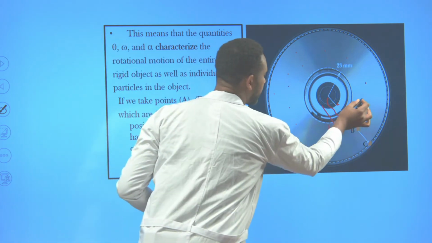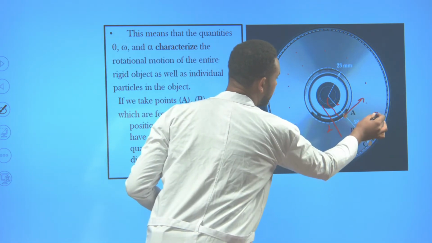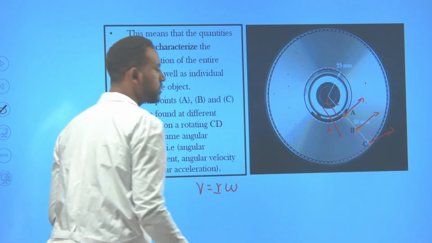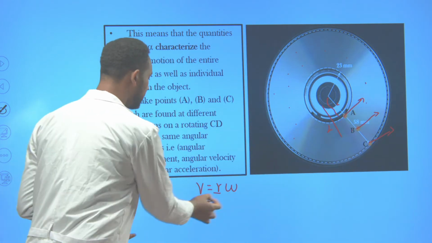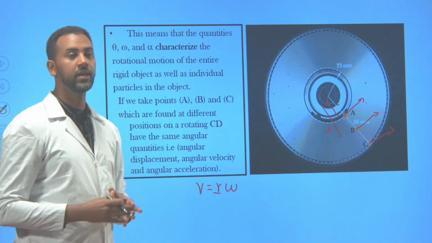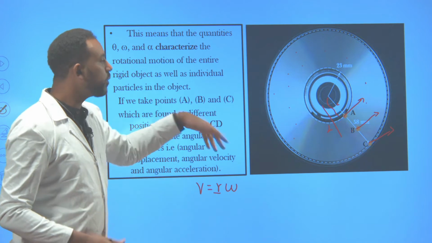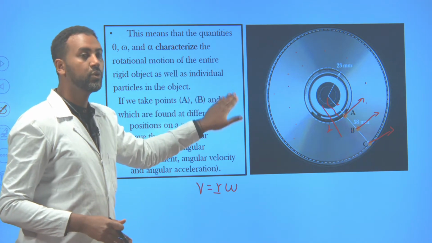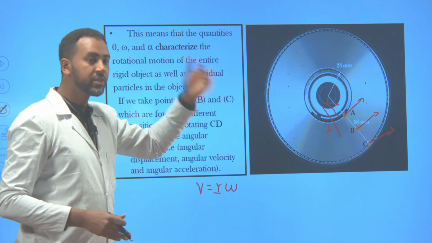All of their tangential velocities differ due to their radius r, but all of those particles have the same angular velocity.